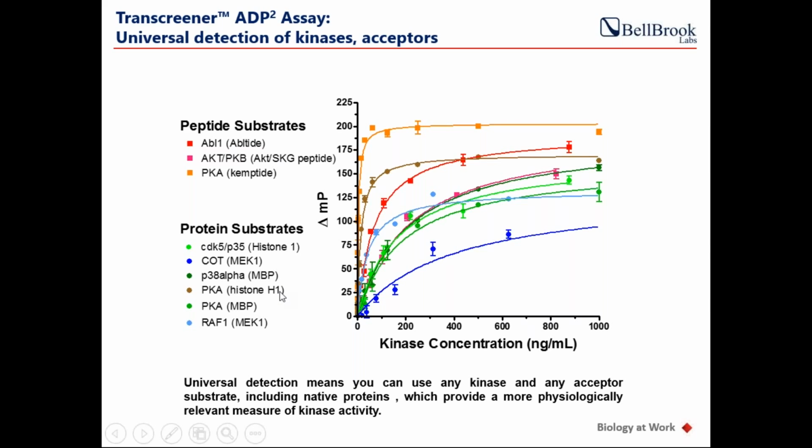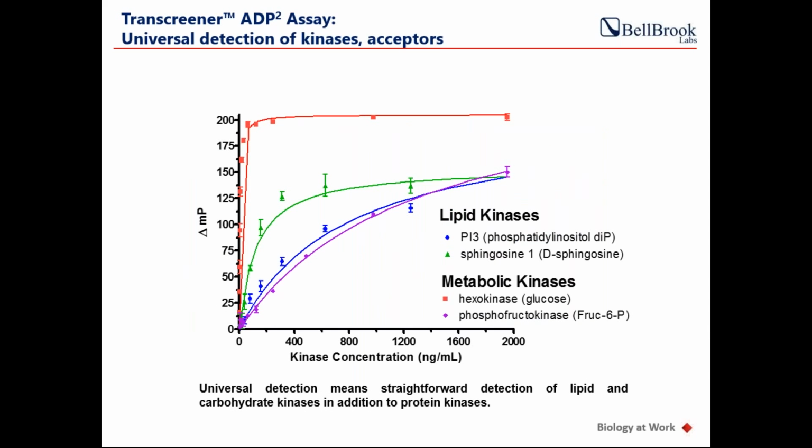And the assay works equally well, independently of what the acceptor substrate is for protein kinases, and also for other types of kinases, like lipid kinases, metabolic kinases or carbohydrate kinases, because we're detecting ADP, of course, and not the phosphorylated product.